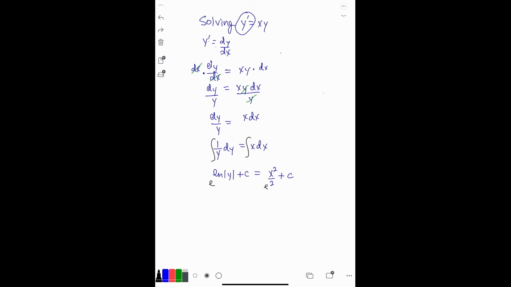So e to the natural log, remember, natural log of e is equal to 1, and e to the natural log is also equal to 1. So basically, these cancel out, which just leaves us with y, or absolute value of y. And we can actually just write this as y.